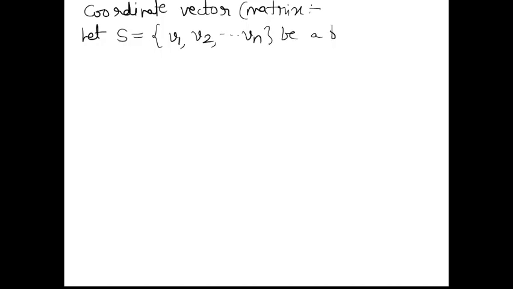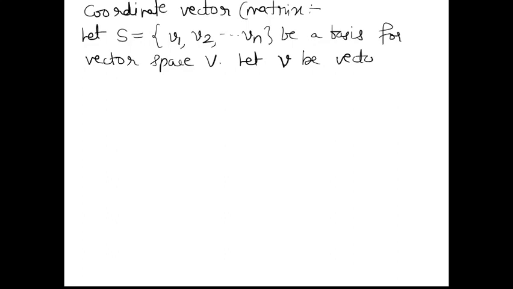This is a basis for a vector space V, and let small v be any arbitrary element of the vector space V, and v is a linear combination of all vectors in set S. So it is c1 v1 plus c2 v2 plus up to cn vn.